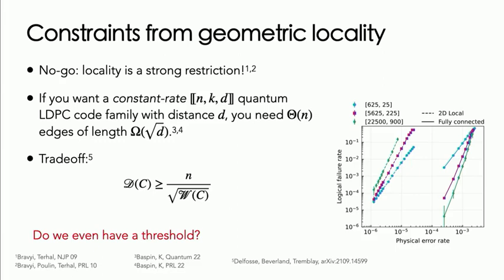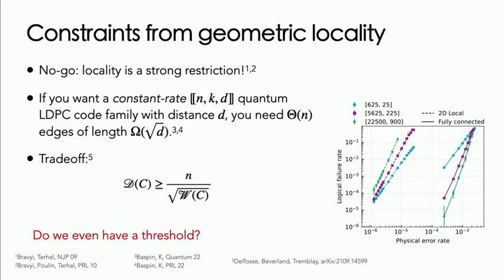Namely, the depth of the circuit is lower bounded as a function of the total number of qubits that you're using, as well as the number n of data qubits.